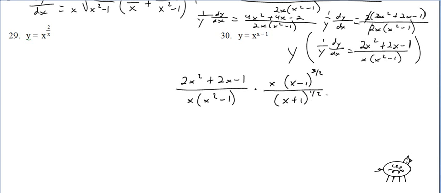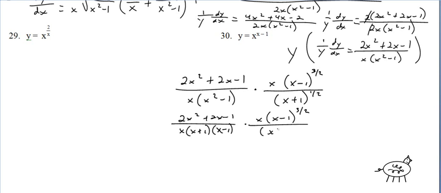And what I can do now is expand this bottom out. And I think I compressed it someplace in my problem. But if I have 2x squared plus 2x minus 1 over x times x plus 1, x minus 1. Anybody crying yet? I hope not. X times x minus 1 to the 3/2 power over x plus 1 to the 1/2 power.